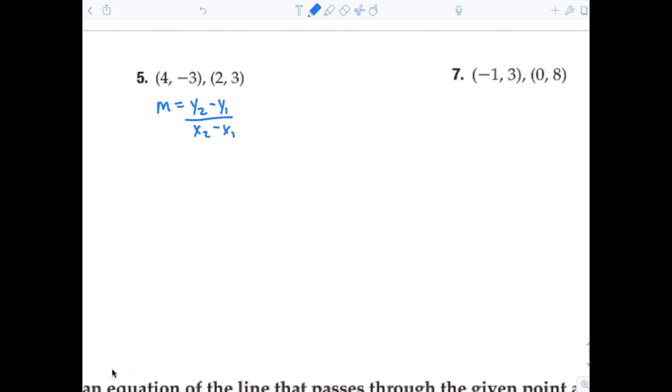So you do 3 minus negative 3, which would just be 3 plus 3 is 6, over 2 minus 4, which is negative 2. Now you simplify that, and I end up with 6 over negative 2, which is equal to what? Negative 3. All right, does anybody have any questions with why the slope is negative 3?